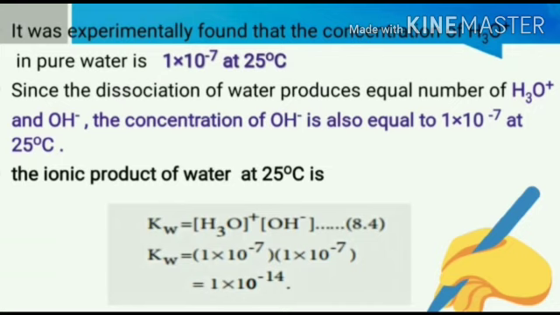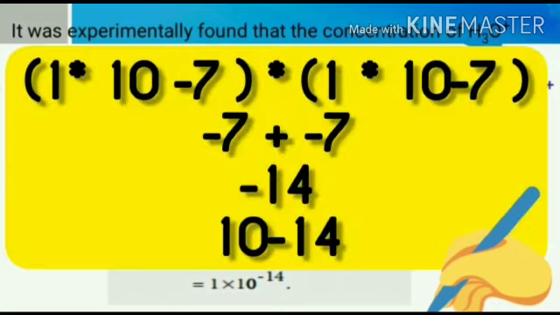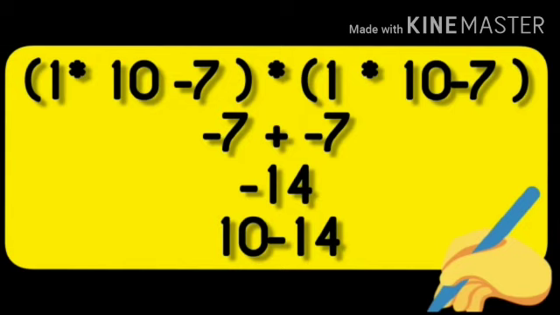Then the concentration of OH minus is also equal to 1 into 10 to the minus 7 at 25 degrees Celsius.